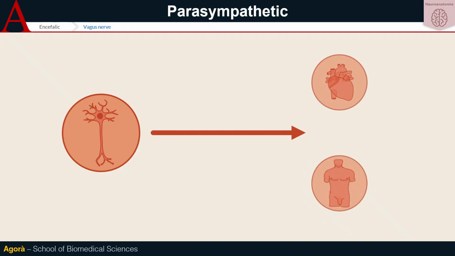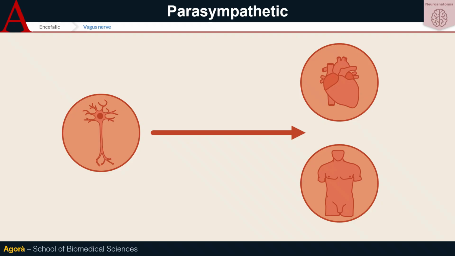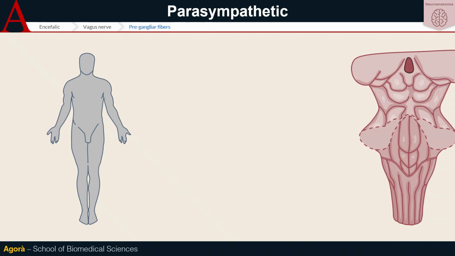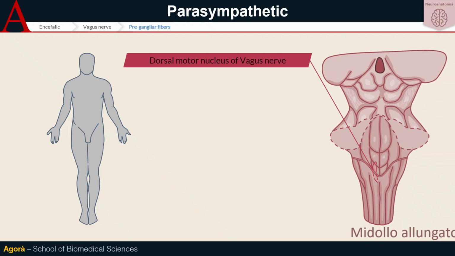The vagus nerve parasympathetic system is the most widespread part of the cranial parasympathetic system because its visceral efferent fibers enable the innervation of the involuntary muscles and of many glands within the body. Preganglionic fibers stem from the dorsal motor nucleus of the vagus nerve located in the medulla oblongata.